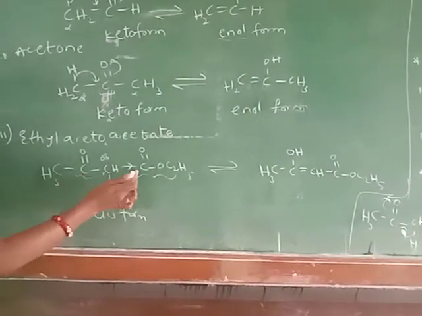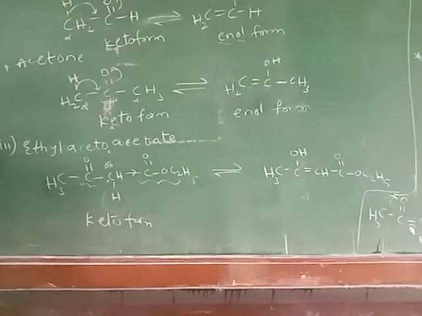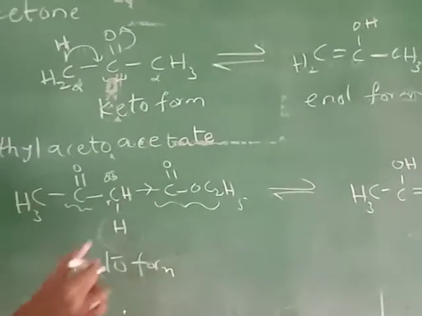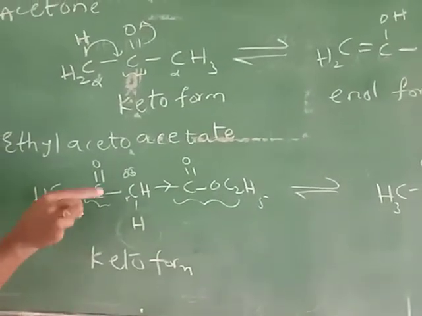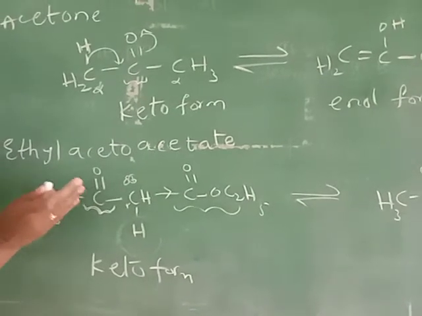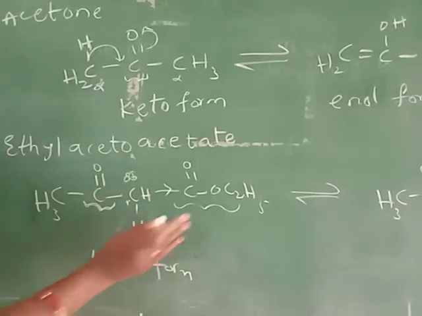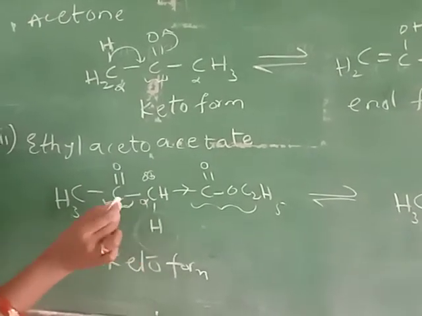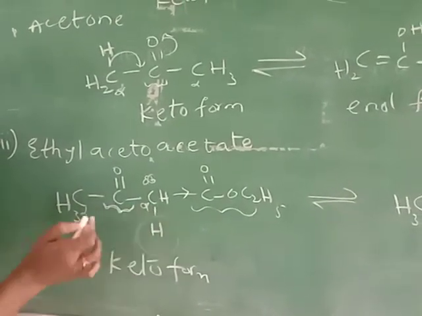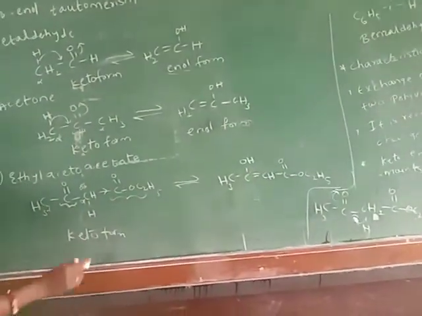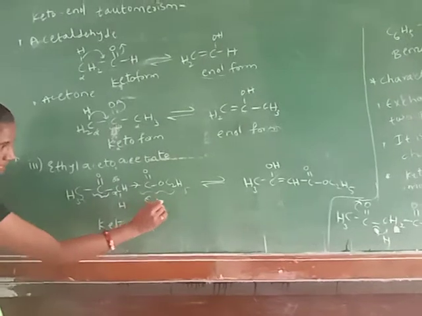All of you know that R, C double bond O, OR is known as an ester. In keto-enol tautomerism, only carbonyl compounds are involved, but not the ester. Here two alpha carbons are there, but the right side alpha carbon is attached to the ester group. All of you know that ester is an electron withdrawing group.